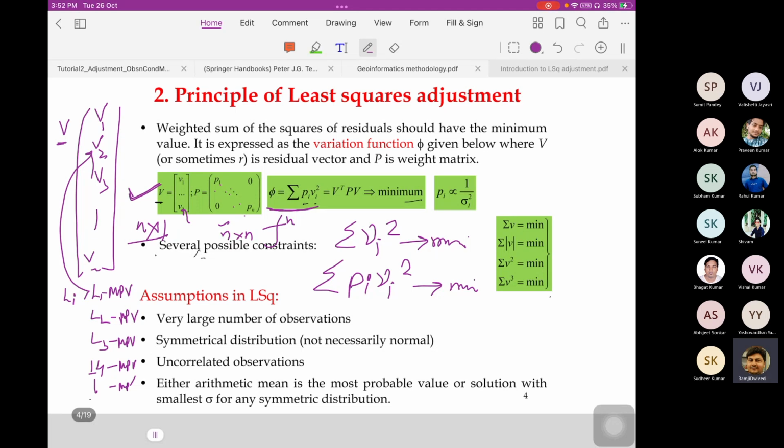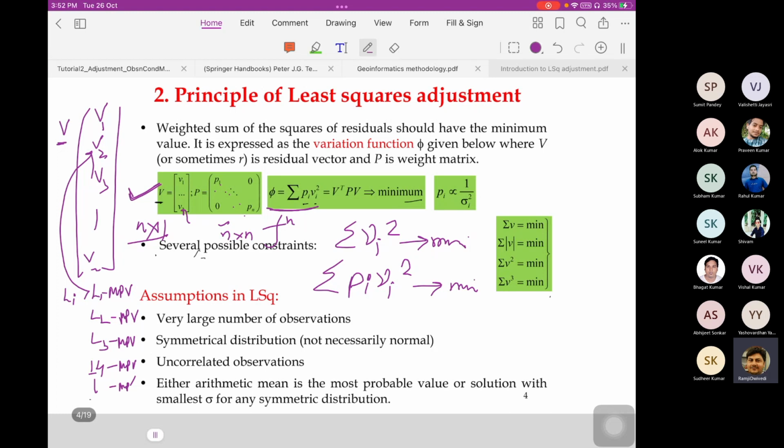Why? Because if you have to form the weighted mean, what you will do? You multiply weight with the observation. Here we have to minimize it. The correction would also be applied in a weighted fashion. So weighted least square, isn't it? Just like weighted mean, where you have to minimize the error sources.